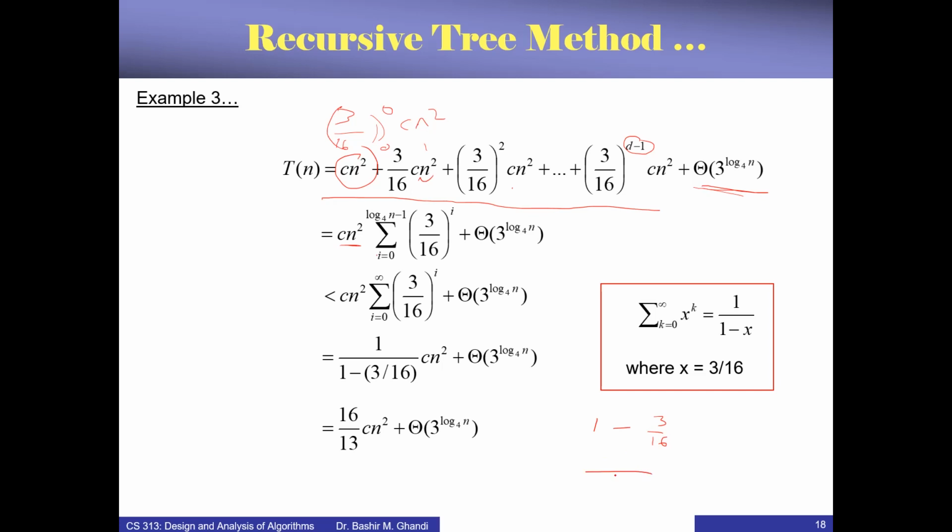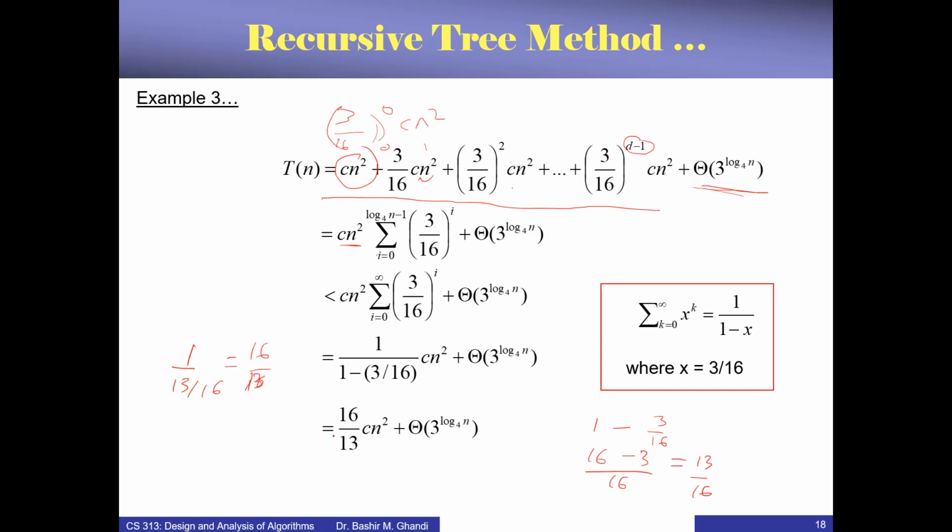Well, the LCM is 16, and here we will have 16 minus 3. So this is 13 over 16. So basically we have 1 divided by 13 over 16. Clearly this is going to be 16 over 13.